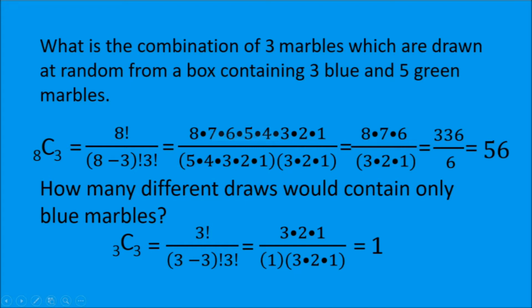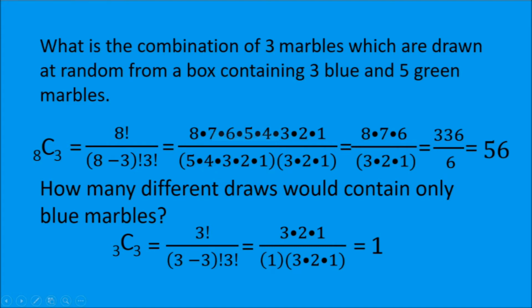We come up to the combination of 3 of 8 objects, which is equal to 8 factorial over the difference of 8 and 3 factorial multiplied by 3 factorial. 8 factorial is equal to 336, and the difference of 8 and 3 factorial multiplied by 3 factorial is equal to 6, which is equal to 56.